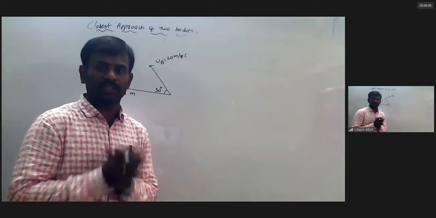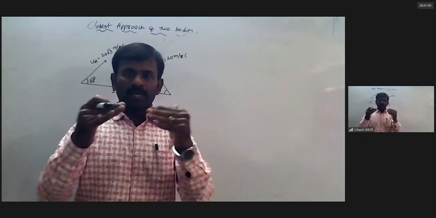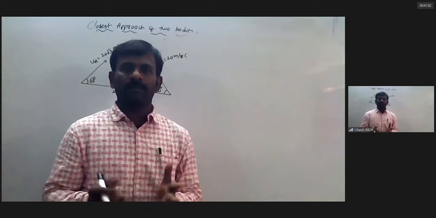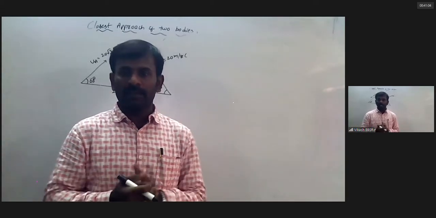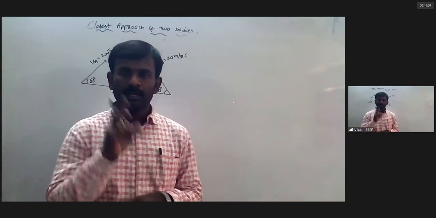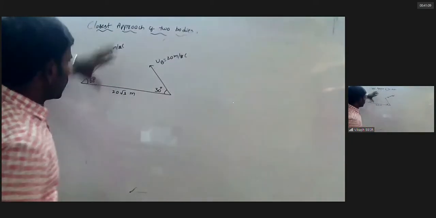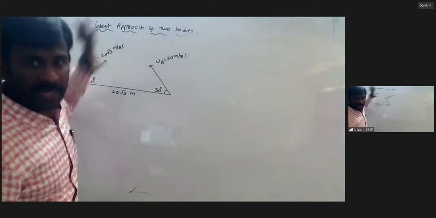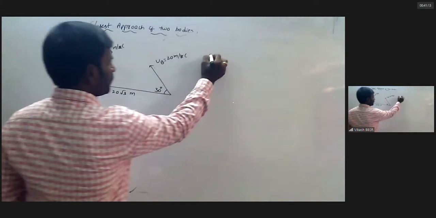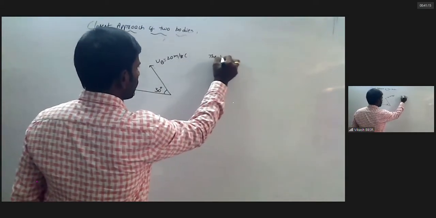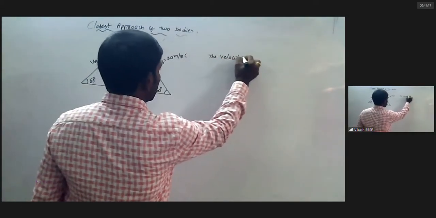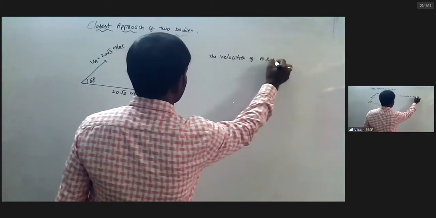The approach means it is relative. Now you see, while going to the relative part, the velocities of A and B are needed.